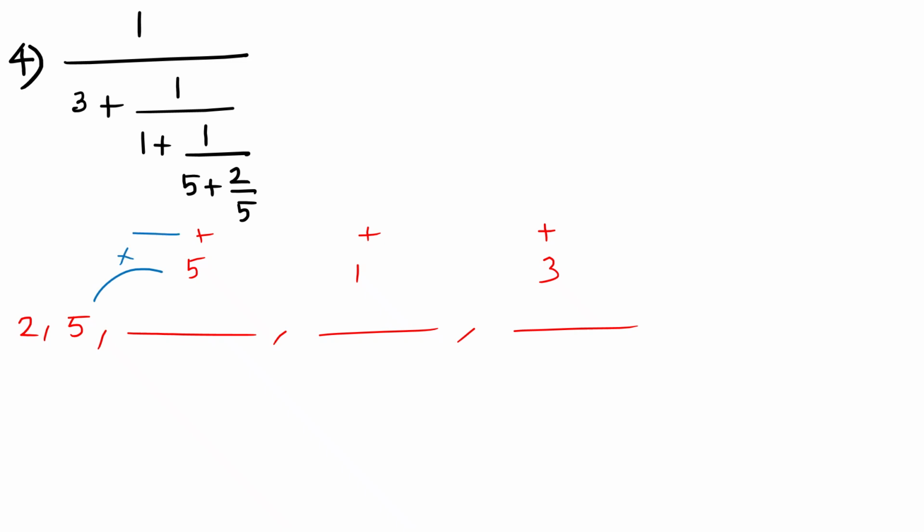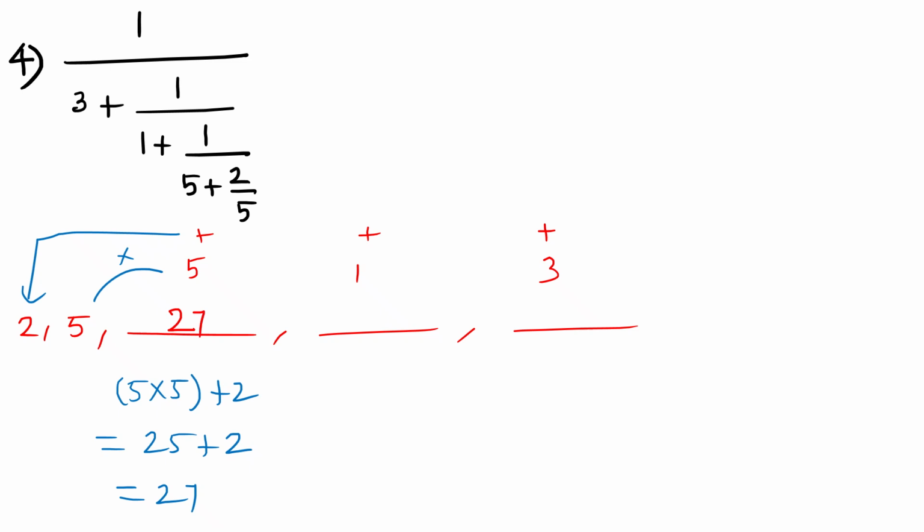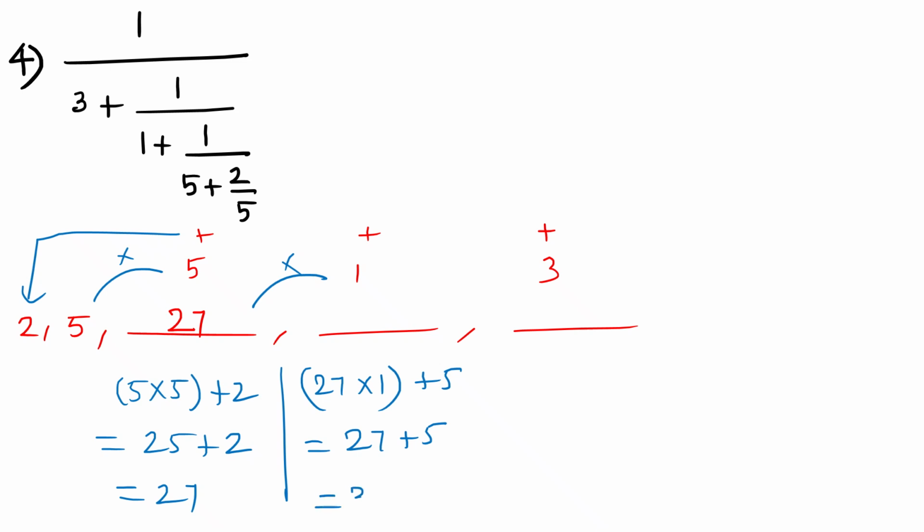So 5 into 5, then plus 2, which is 25, plus 2, which is 27. Now 27 into 1, that is plus 5. So you will be getting 27 plus 5, which is 32.